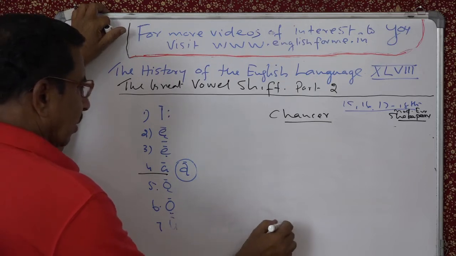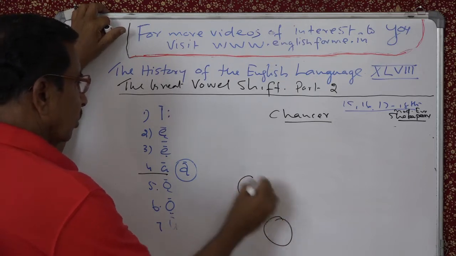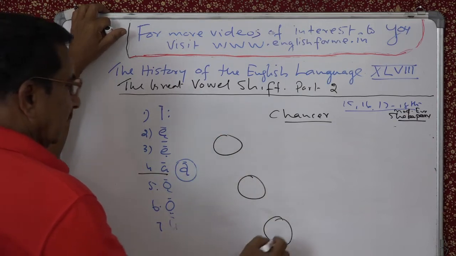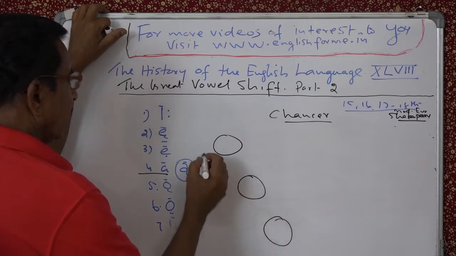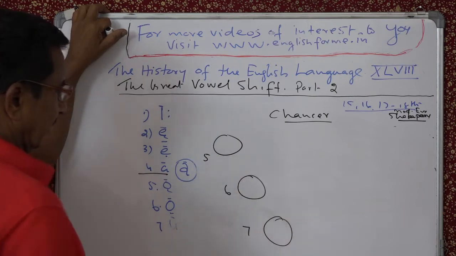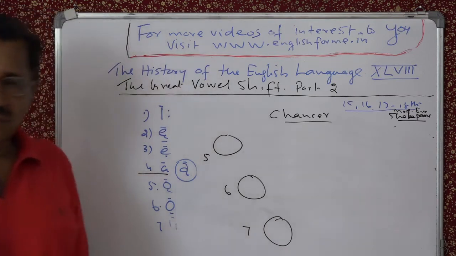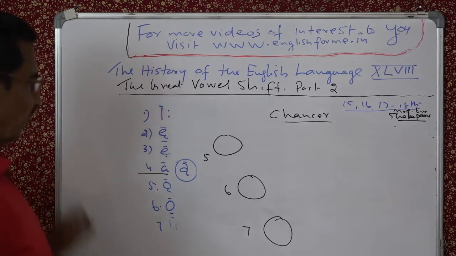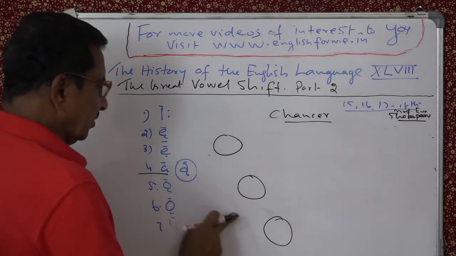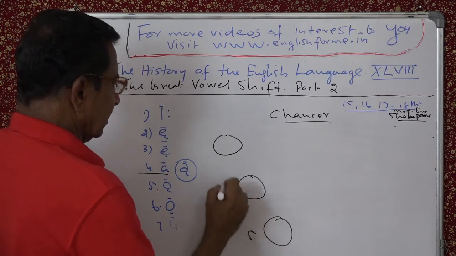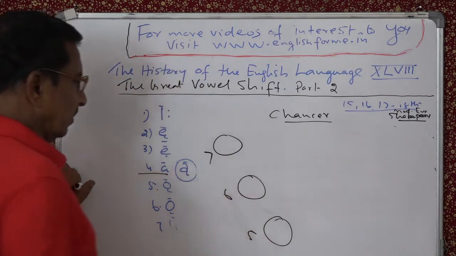Let's come. 1, 2, 3. Alright? You have 5, 6, 7. 1, 2, 3, 4 we have already done. Or put it like this. Numbering should go like this. Then only you will understand. 5, 6, 7.